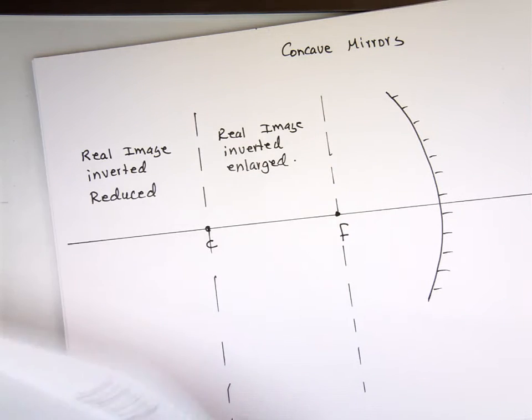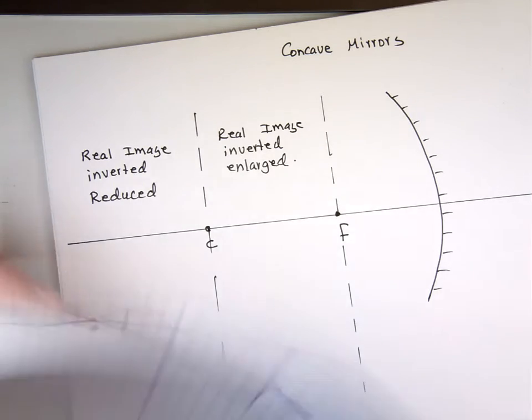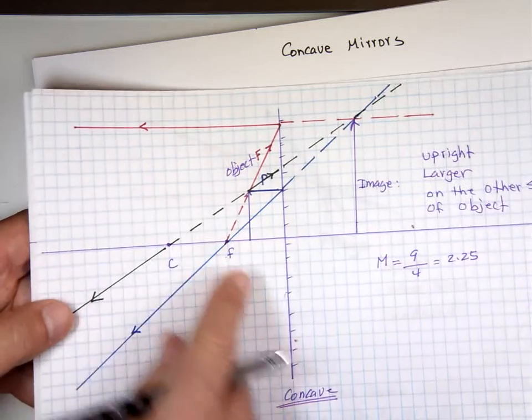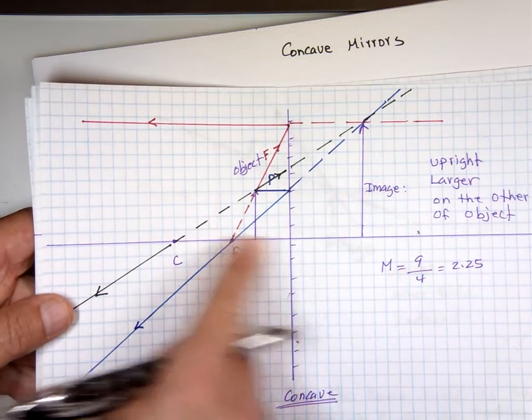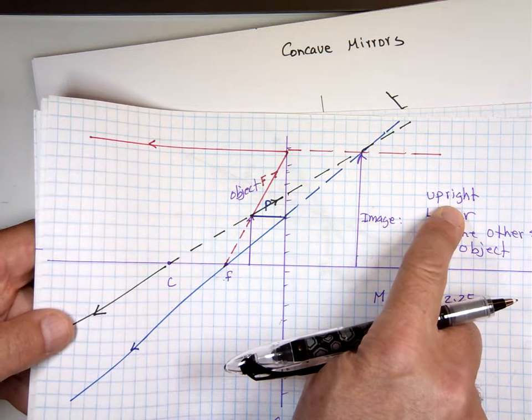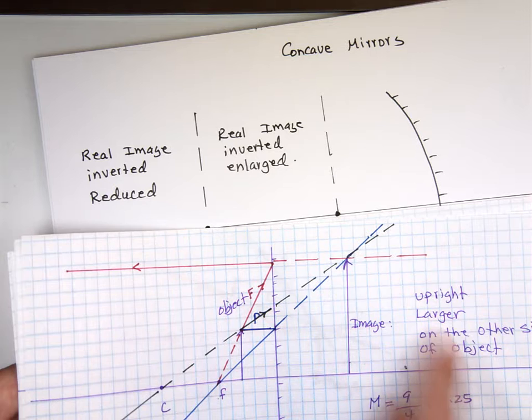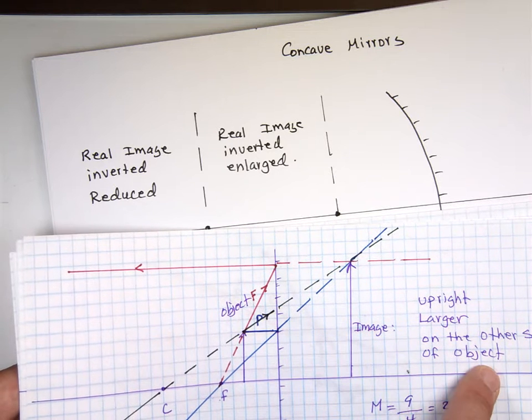And case number 3, that's this one. If you put the object between F and C, upright, that means not inverted, larger, and on the other side, which means what? Virtual image.